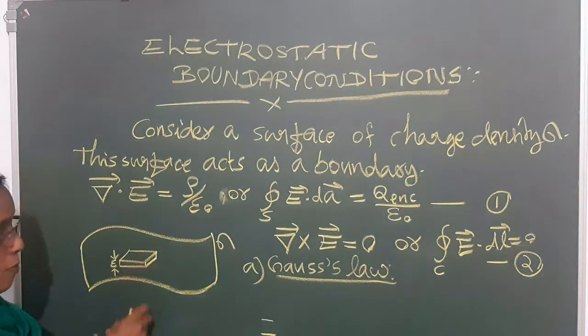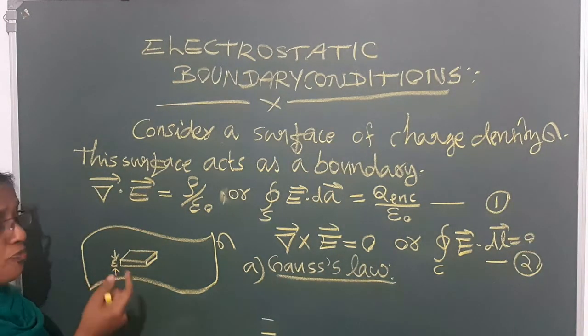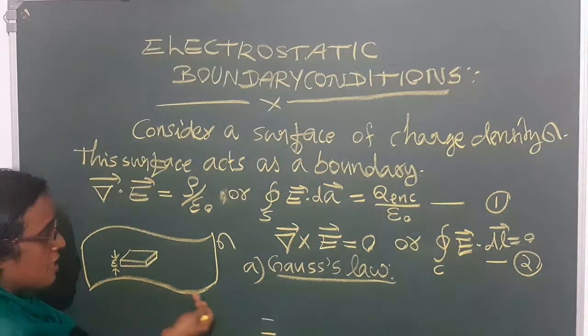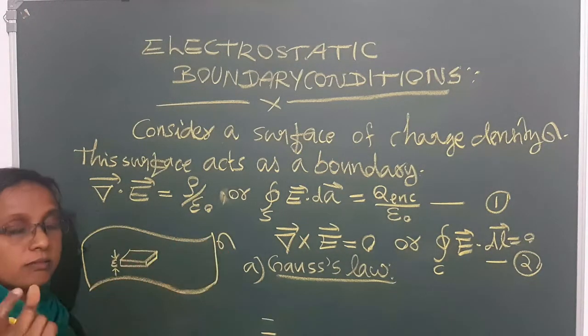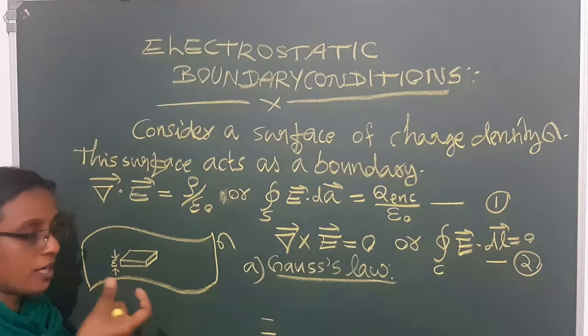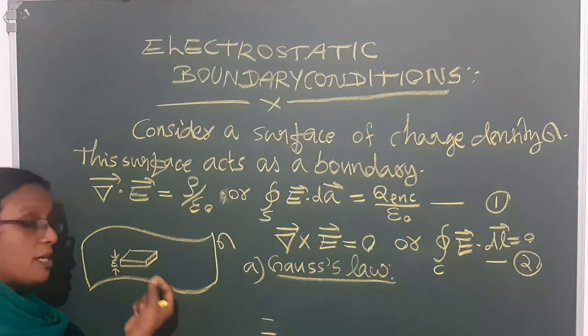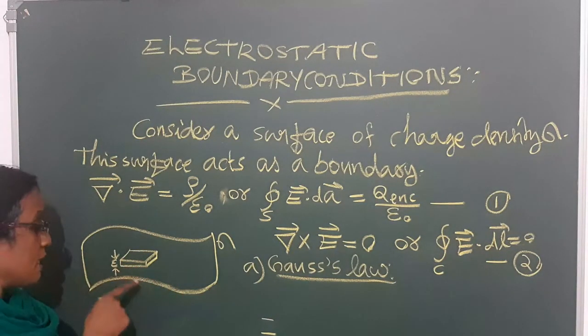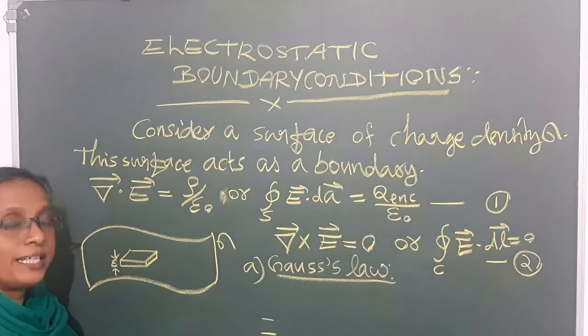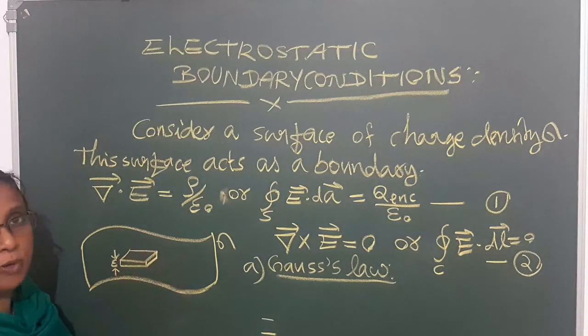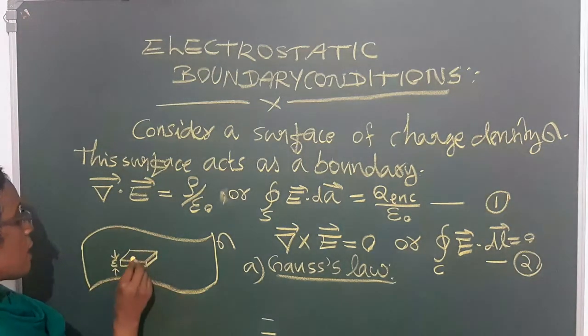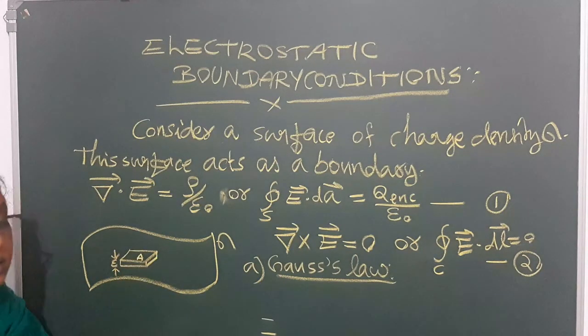Since this is a boundary, a thin surface, its thickness is nearly 0. Epsilon tends to 0. We assume the pillbox has upper surface area A.